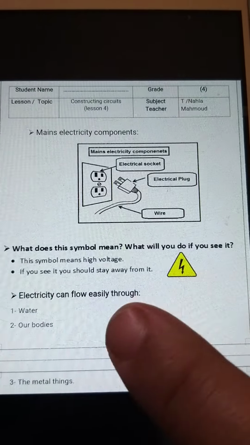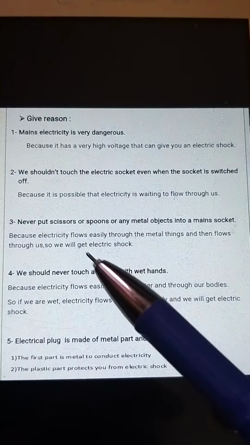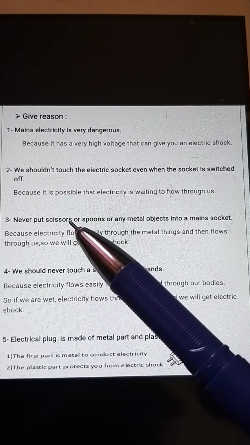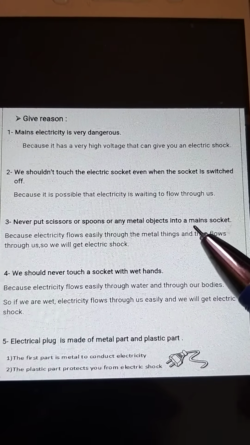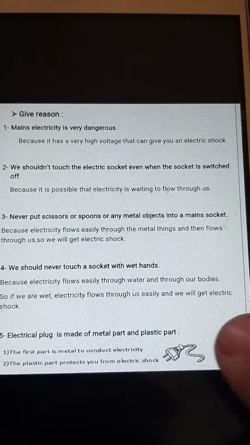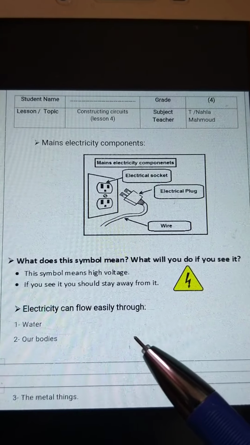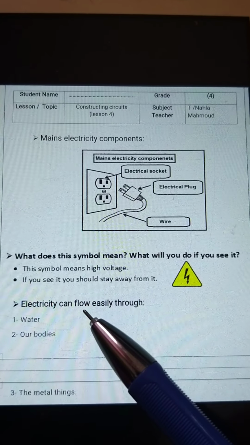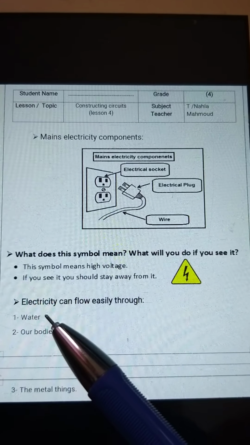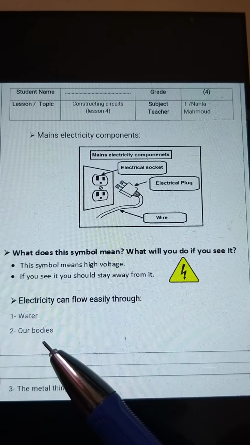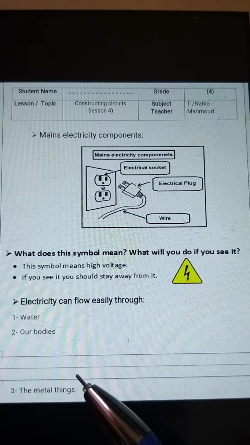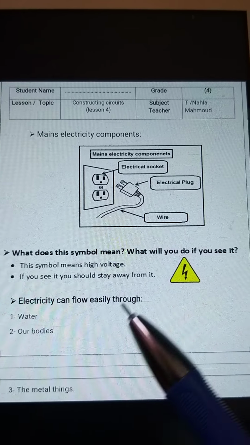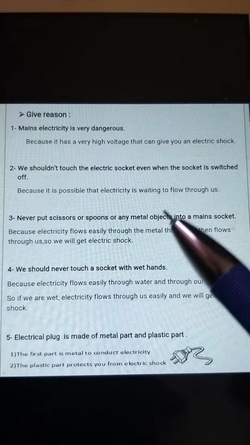get an electric shock. Number 3, never put scissors or spoons or any metal objects into a mains socket. Why? I told you that electricity can move or flow easily through 3 things: water, our bodies, and the metal things. So if you put any scissors, any spoons, any metal objects into the socket, what will happen?